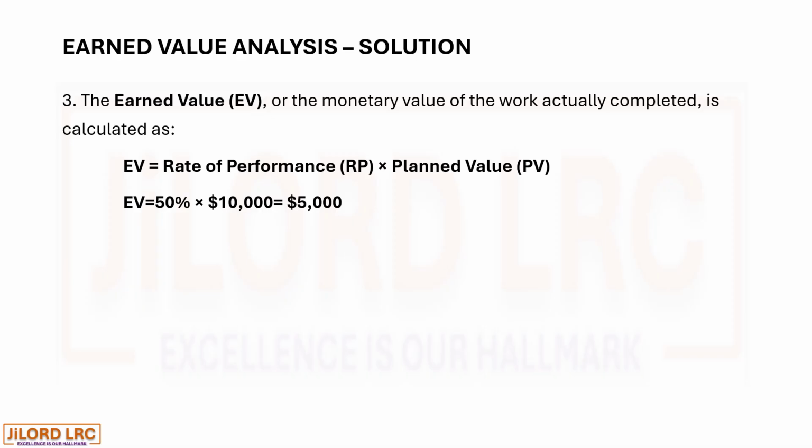For a project of 20,000, by the end of the first month, only 5,000 end value or monetary value of work was actually completed. Means the project is getting challenged.